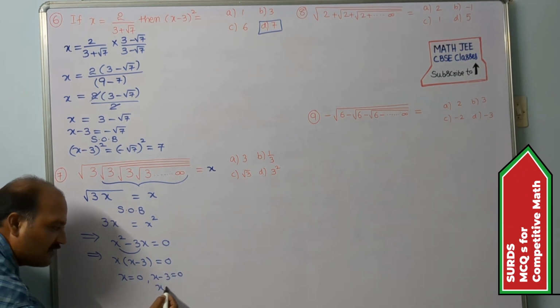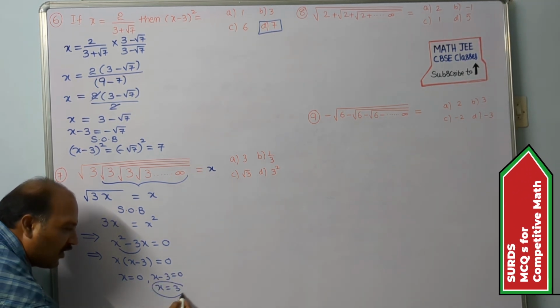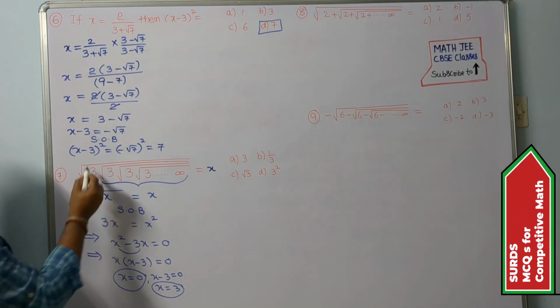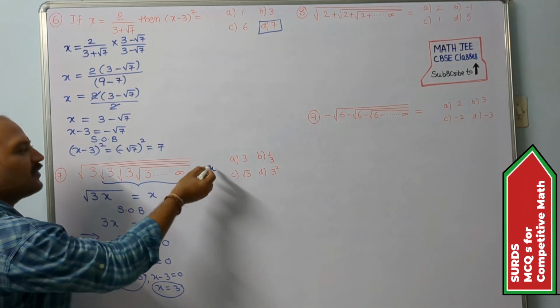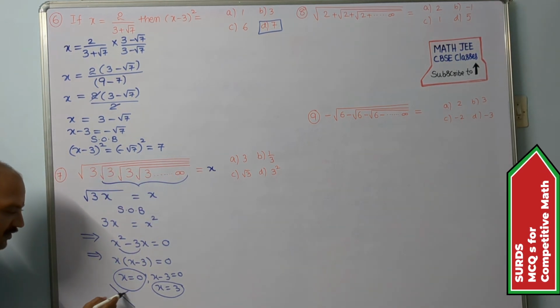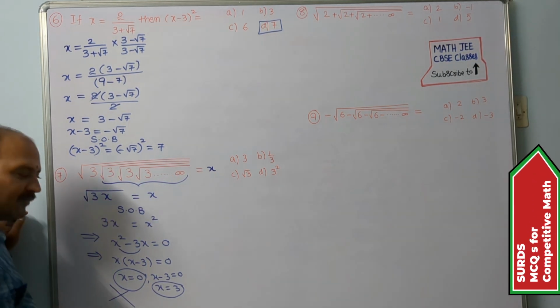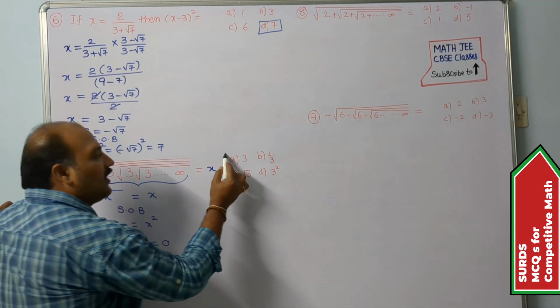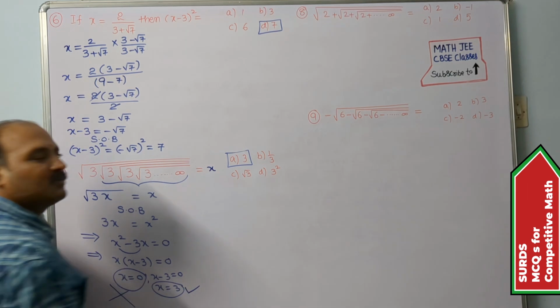So x minus 3 equal to 0 means x is equal to 3. x is equal to 0, if you take this value, root of 3 into root of 3 going on to infinity, x value 0 has no meaning here. So x value 0 is absurd. It is not a valid answer. x is equal to 3 is our required answer. It is there in the first option, dear students.